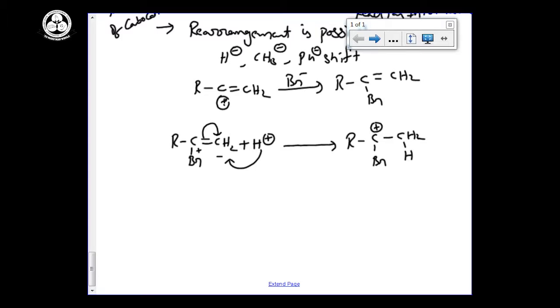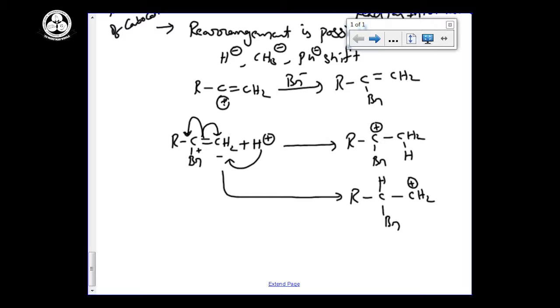For suppose doubt: sir, why are you shifting to the right side? Why can I not shift it to the left side? It is more electronegative than bromine. So if I shift like this, what happens? We can get the compound like this: RC Br single bond CH2, this is plus, and hydrogen will be attached here.